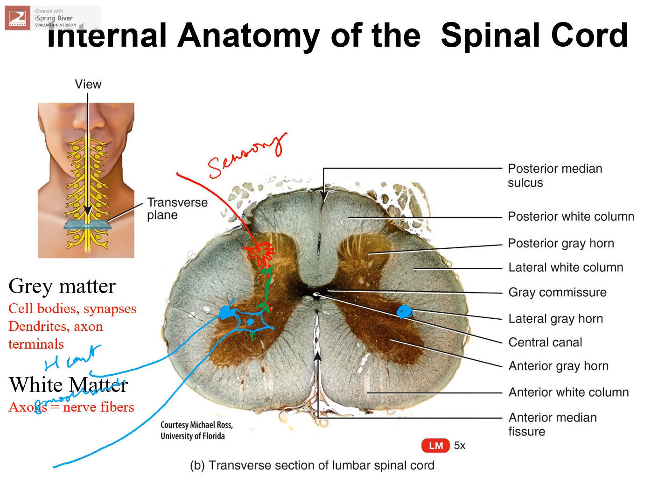Just like the gray matter, the white matter can be divided into regions known as columns. Okay, there's an anterior white column in the front. Right over here, you see the posterior white column in the back, and then you have the lateral white column to the side.